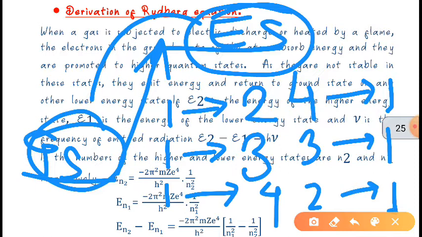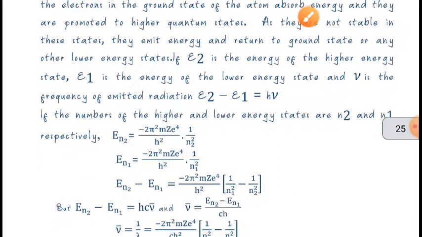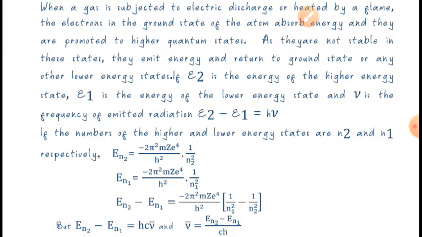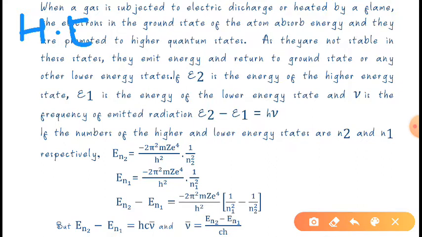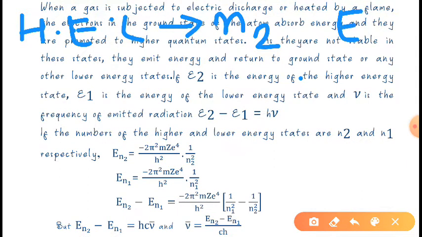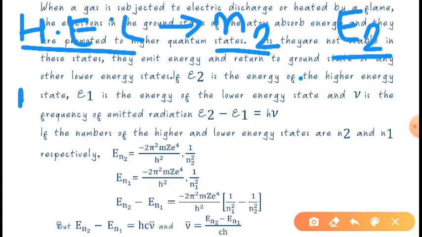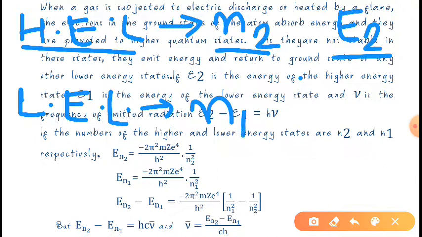Now suppose an electron is jumping from a higher energy level n2, with energy E2, to a lower energy level n1, where its energy is E1.